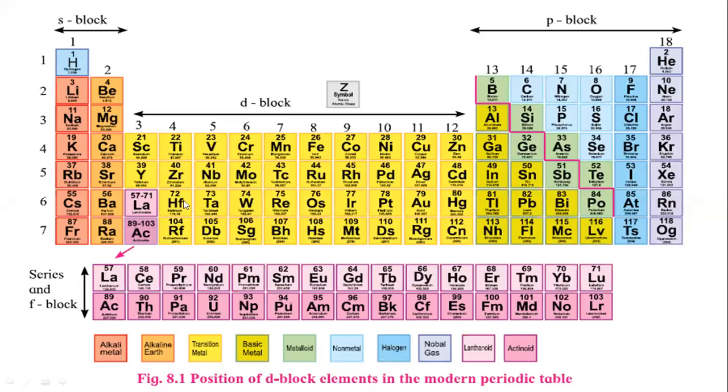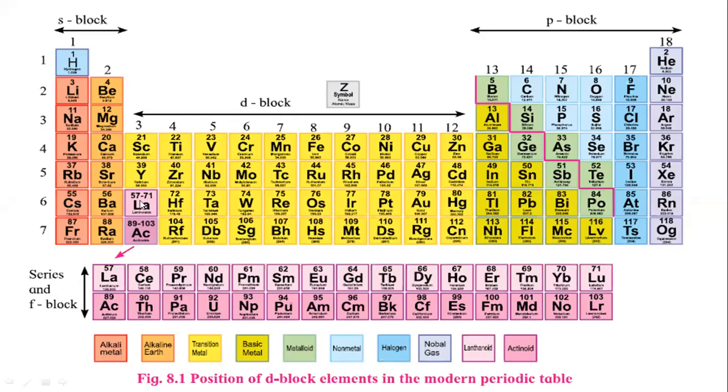But in between, atomic number 58 to atomic number 71, there are 14 elements, and these 14 elements are not included in this D block elements, remember.